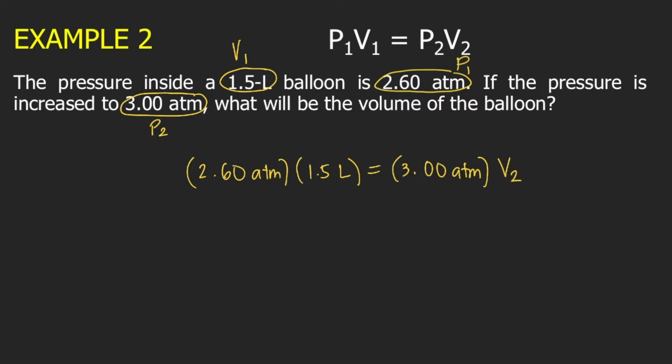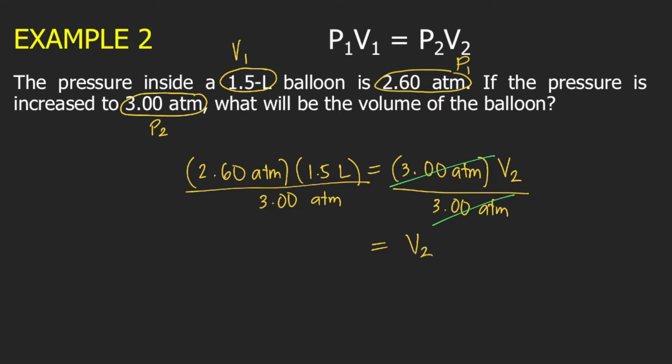To solve for V2, divide both sides of the equation by 3.00 atm. On the right side, 3.00 atm will cancel. So what is left on the right side is V2.